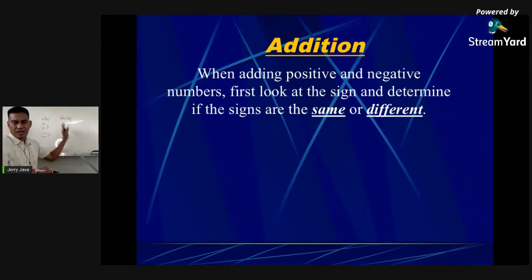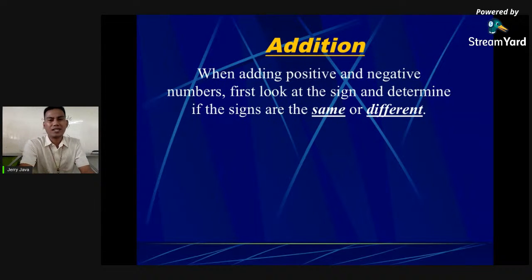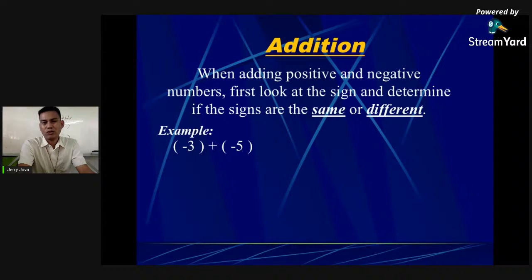You only have to know that. Then after telling if it's like or unlike signs, that's when you're going to do the operations. That's when you're going to subtract and copy the sign of the bigger number.